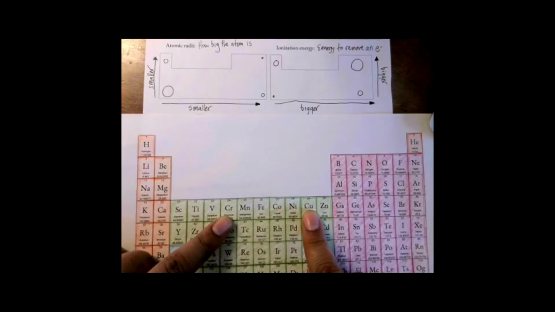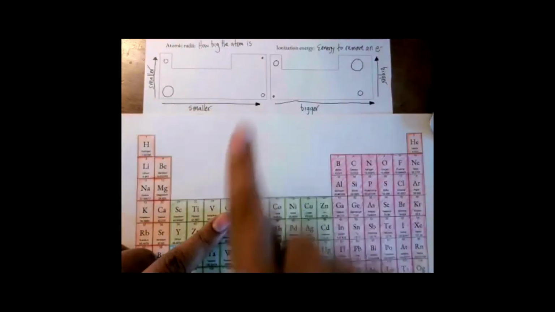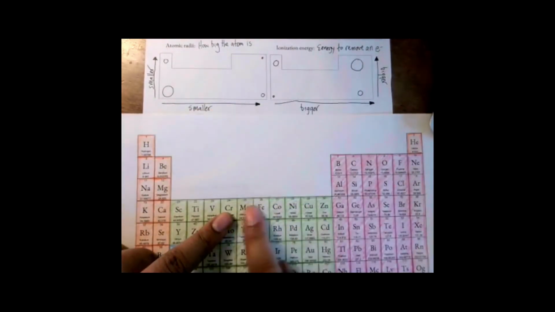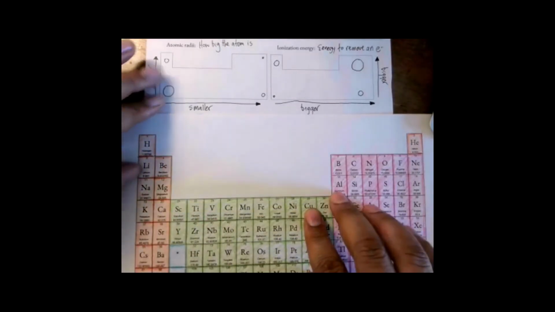Correct answer, Cr. Oh, Angie, Marcel. Remember, smaller as you go to the right. Cu is on the right, so this would be smaller. Therefore, Cr would be bigger. Now do you see what I see?